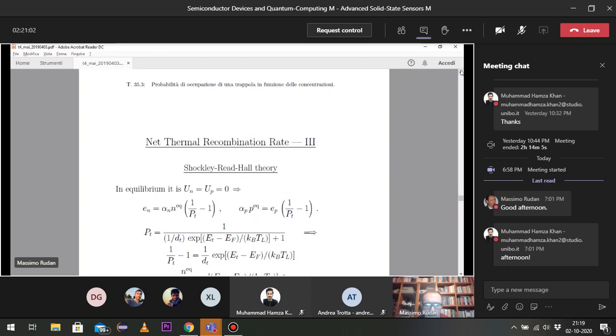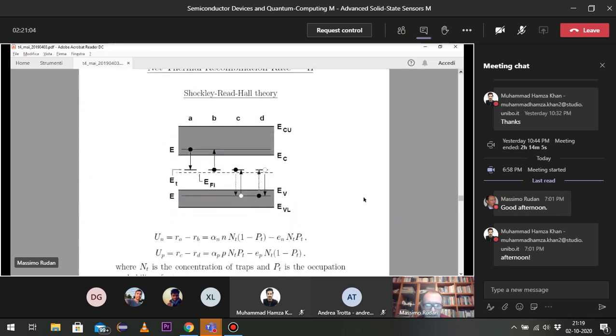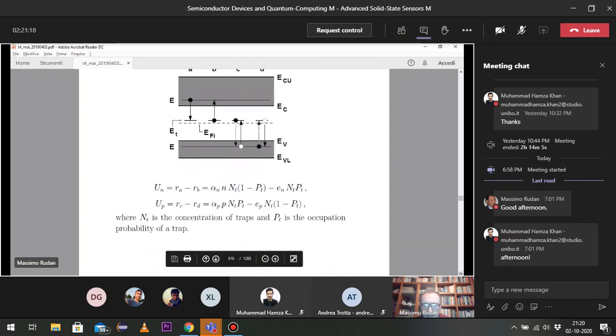It's quite easy. Take this difference and put it equal to 0 at equilibrium. NT cancels, okay? And then divide both terms by PT.